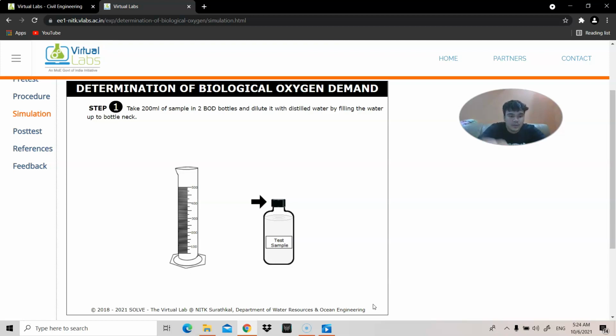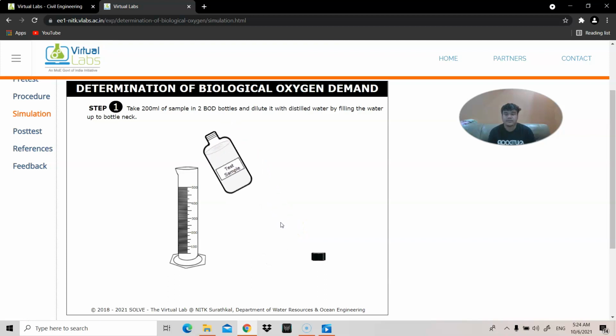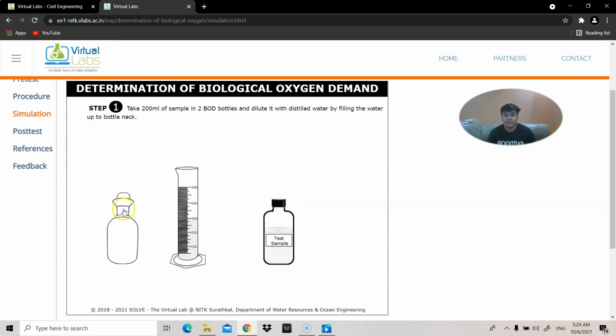Step 1: take 200 ml of sample in 2 BOD bottles and dilute it with distilled water by filling the water up to the bottleneck. 2 times. Close it.